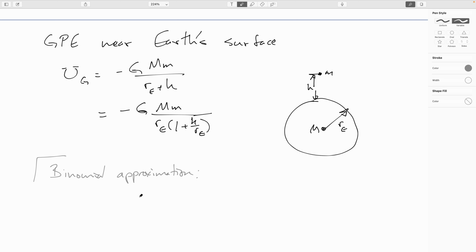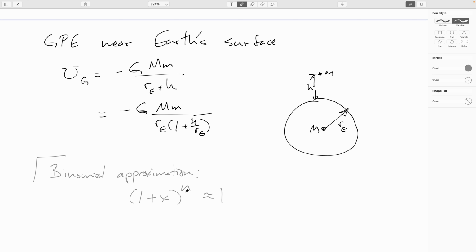So if you remember, if I have any binomial, like let's say 1 plus x, and I raise it to the nth power, the first term is going to be 1 to the nth power, which is just 1, and then it's going to be x to the first times 1 raised to the n minus 1 power, which is still just 1.